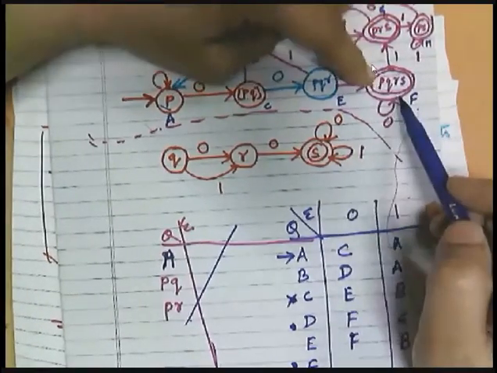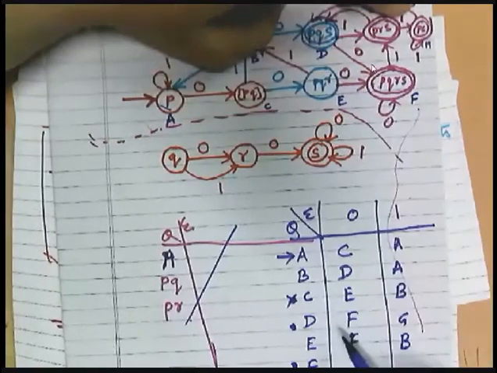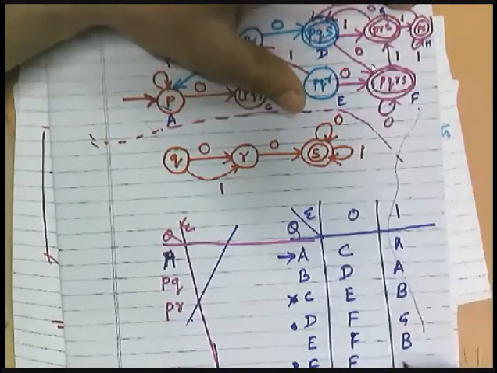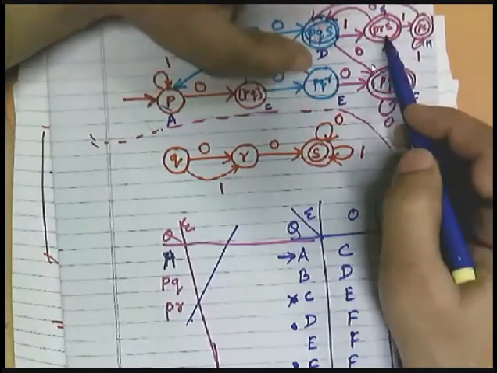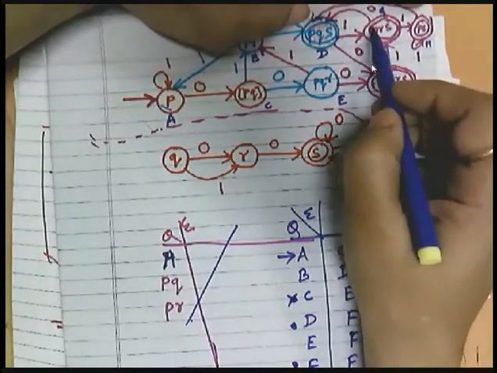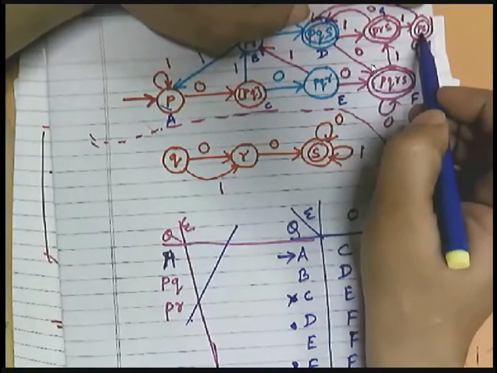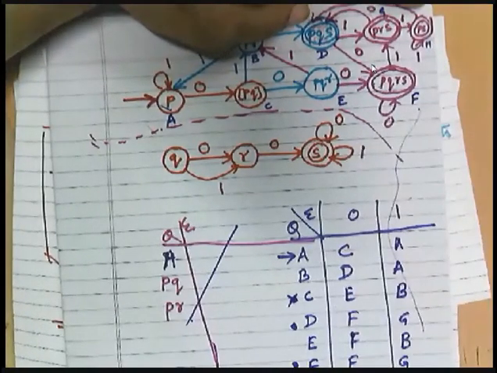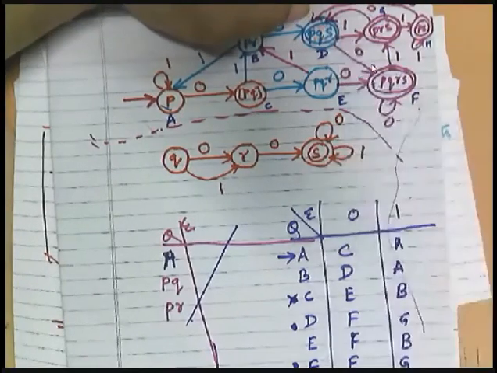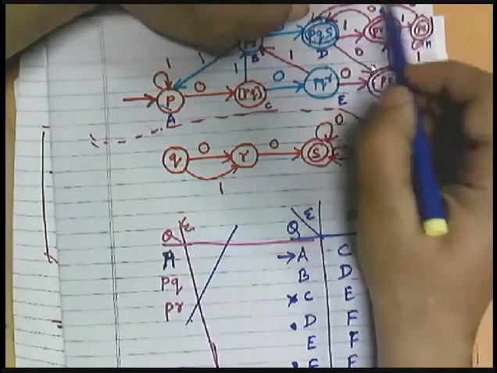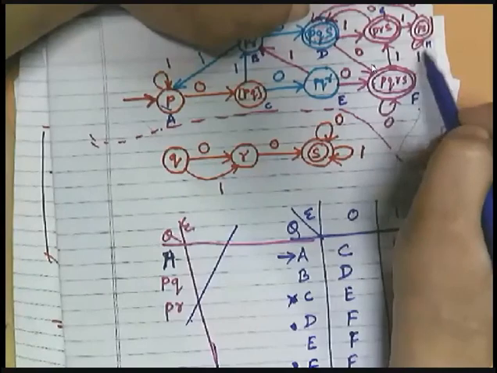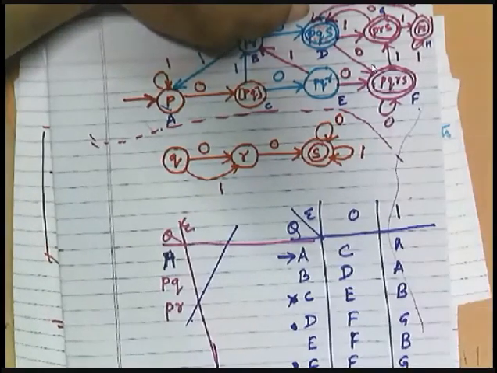Now F. F on 0 moves to itself, and on 1 moves to G. Now G. G on 0 moves to D. G on 1 moves to H. Lastly, H on 0 moves to D, and H on 1 moves to H itself.